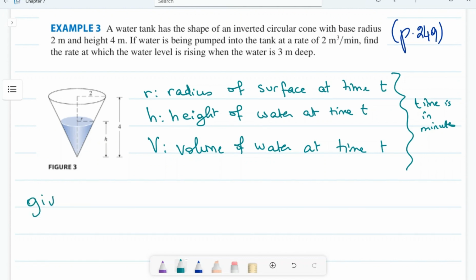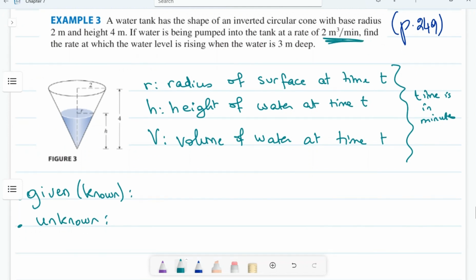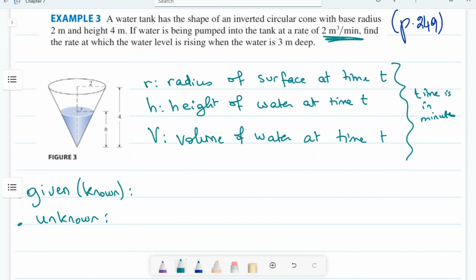So we move on as usual. We find the given or the known and the unknown. So what are we given? It is given that water is pumped at a rate of 2 meters cubed per minute. Meters cubed shows that this is volume.